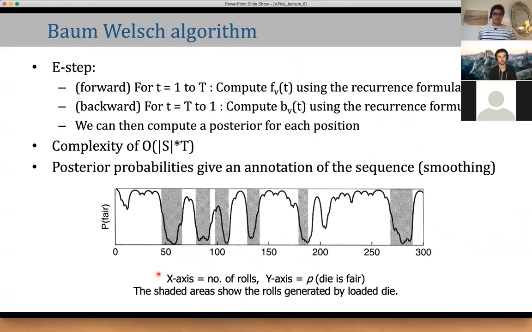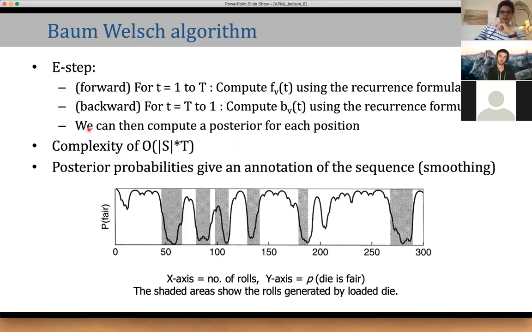With this recurrence formula, we can again fill in a matrix of backward values. So the Baum-Welch algorithm, which is the name for the EM applied to hidden Markov models, needs at each step to compute the posterior at each position. We first run forward and compute the forward values with our recurrence formula. Then we go backward and compute our backward values.